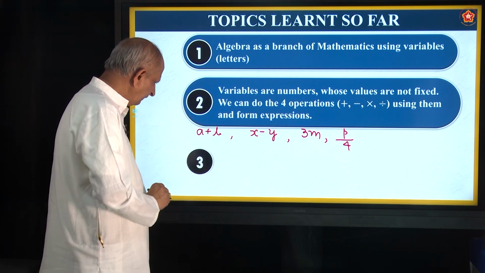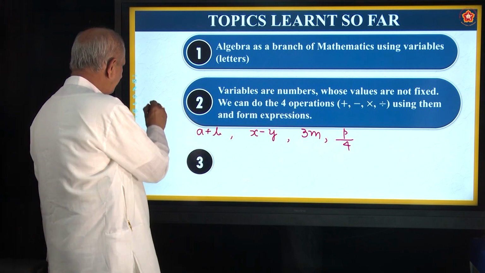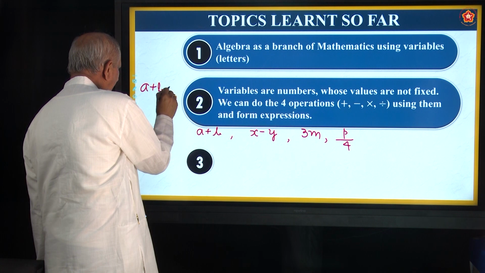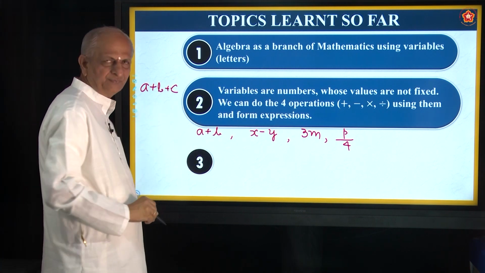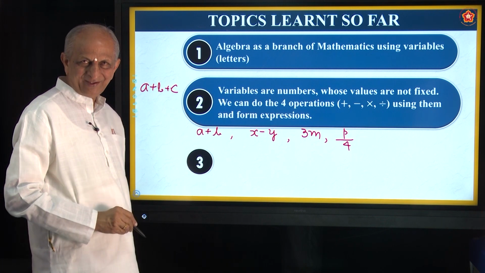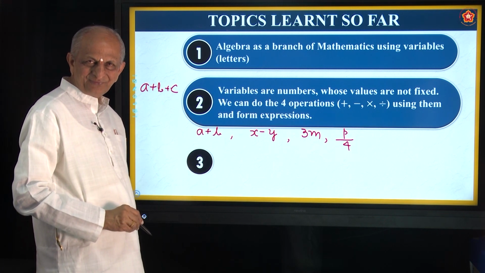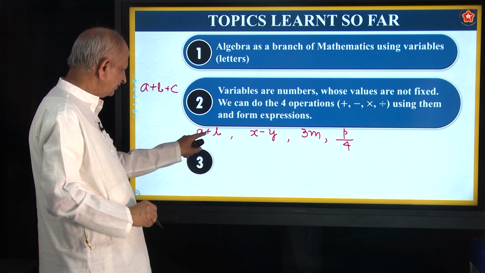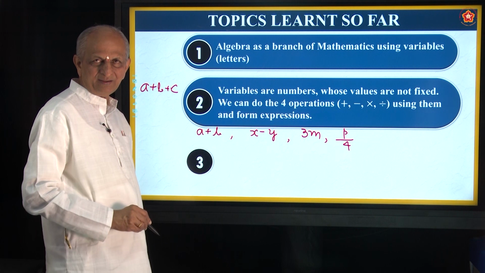And now one doubt may arise. Suppose you have A plus B plus C. Is it an expression? Yeah. It is called, come on, trinomial. These are called binomial.